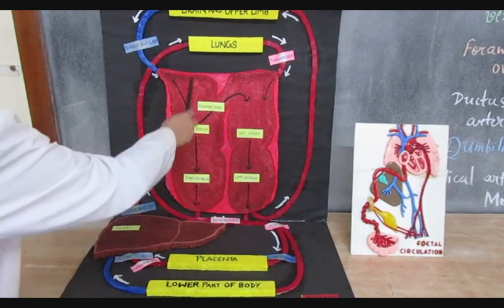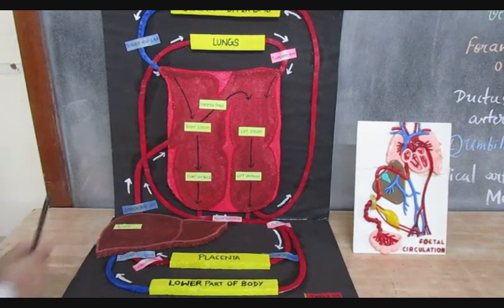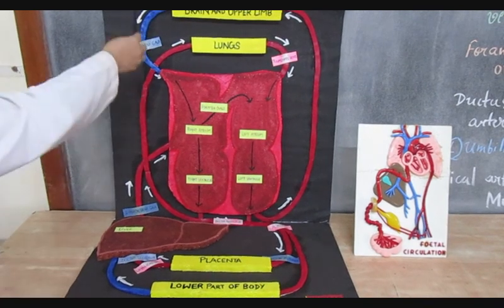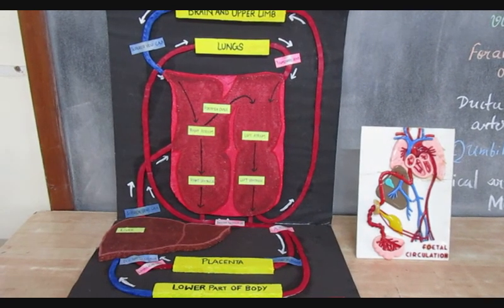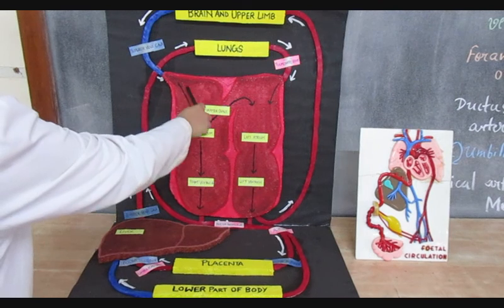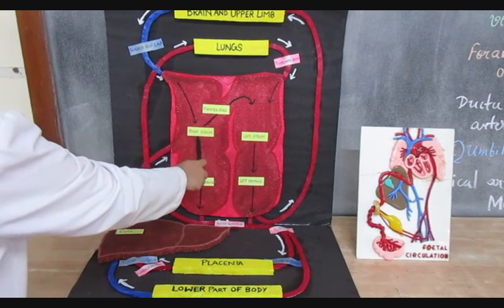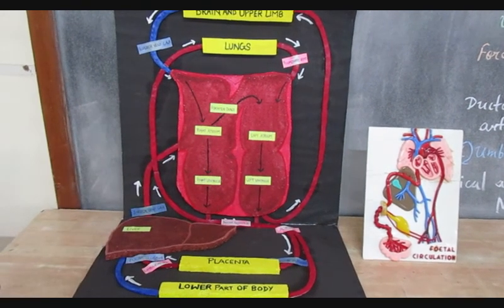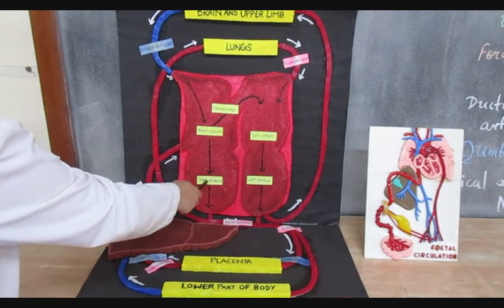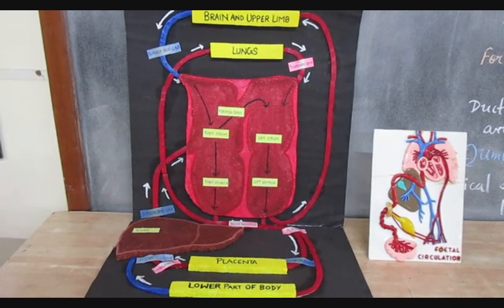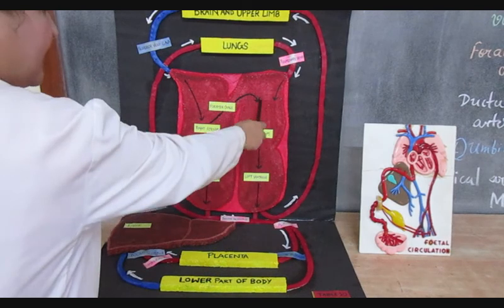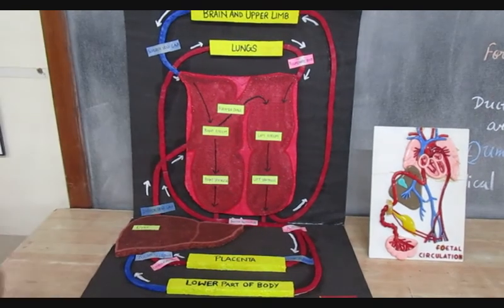Okay, and then only 20% of the blood, which comes from the upper parts of the body, that is the head and neck and the upper limbs, that is the venous blood coming from the upper parts of the body, is going to gravitate and go via the tricuspid valve to the right ventricle. Okay, and 80% of blood has already shunted to the left atrium.